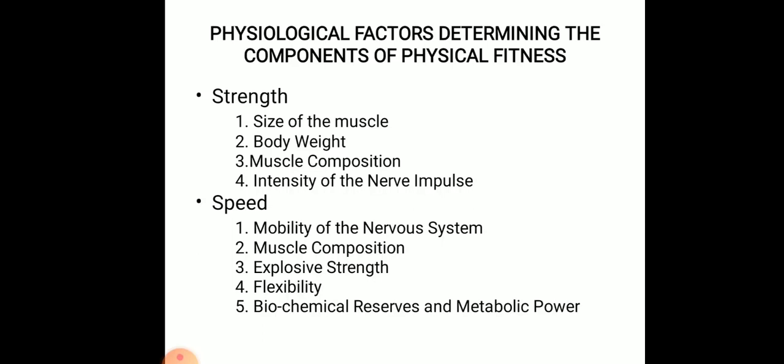Next one is biochemical research on the metabolic power. For the maximum speed performance, the muscle requires a greater amount of energy at a very high rate of consumption. For this purpose, the ATP, adenosine triphosphate, and the CP, creatine phosphate, stores in the muscle should be enough.